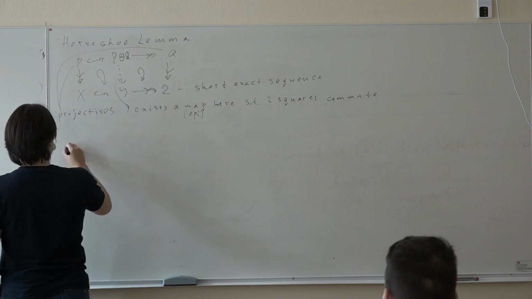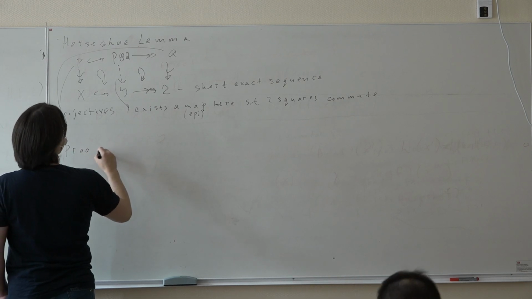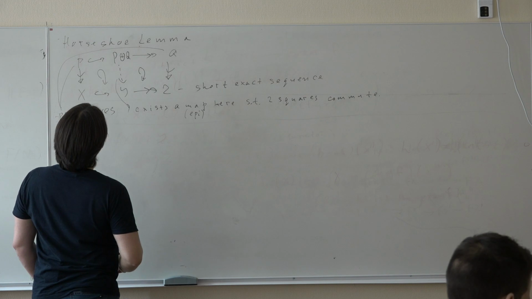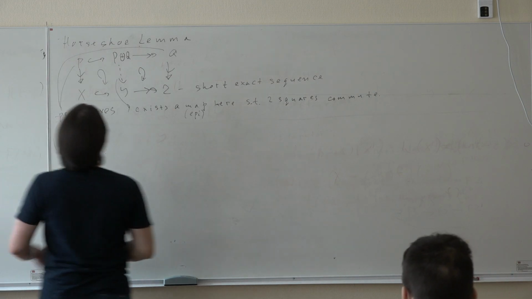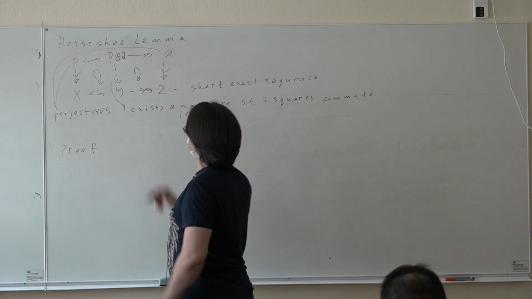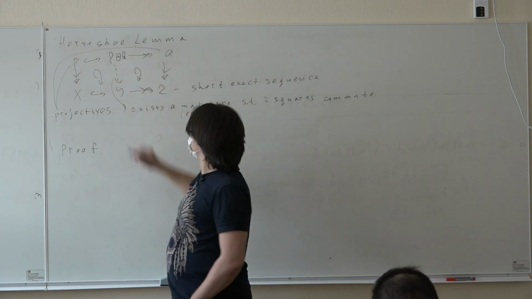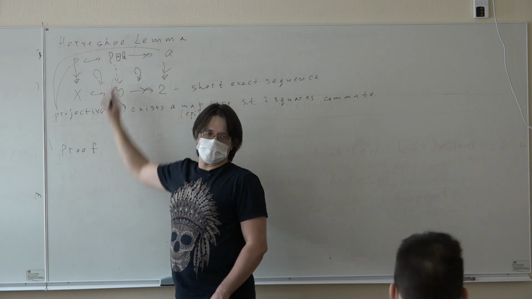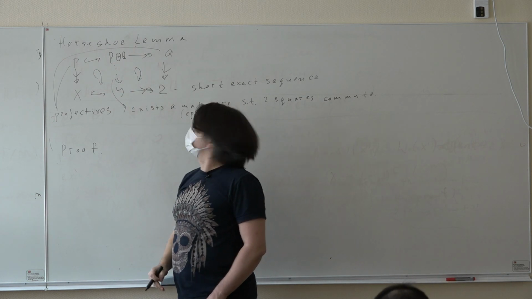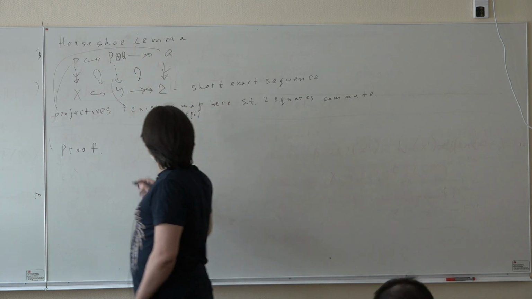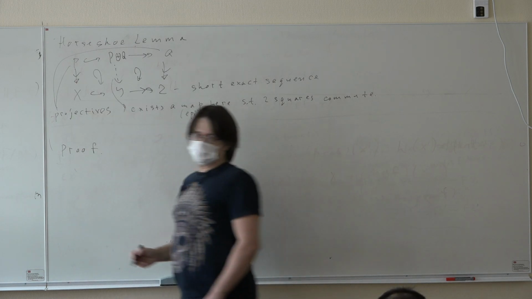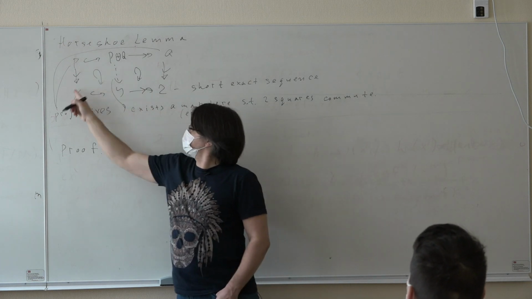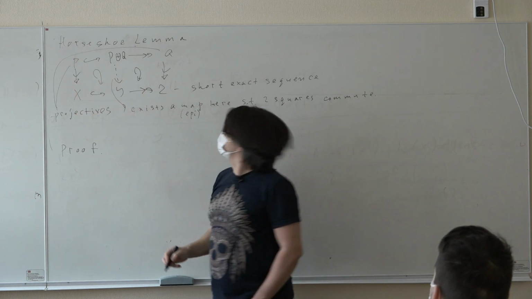Well, the proof is quite easy. To define a map from P plus Q to Y, we have to define two maps, one map from P to Y and another map from Q to Y. And so the map from P to Y is simply the composition of these two maps.